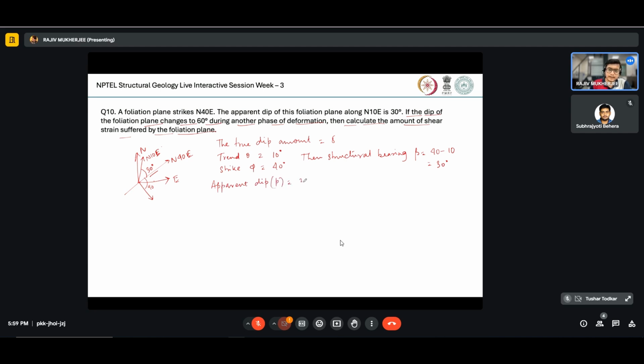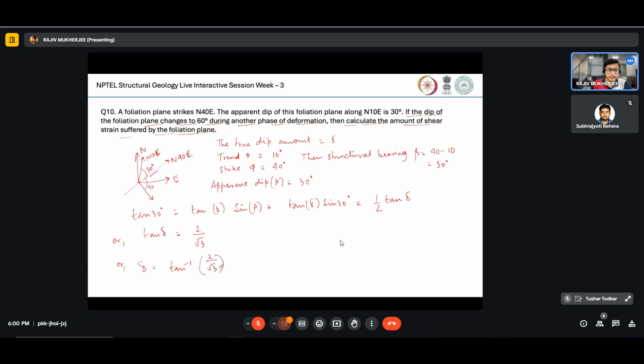Then we can use the formula tan of 30° is equal to tan of delta times sine of beta. That means tan 30° equals tan delta times sine 30°, which is half of tan delta, or tan delta eventually will be 2 by root 3, because tan 30 is 1 by root 3. So delta is equal to tan inverse of 2 by root 3.